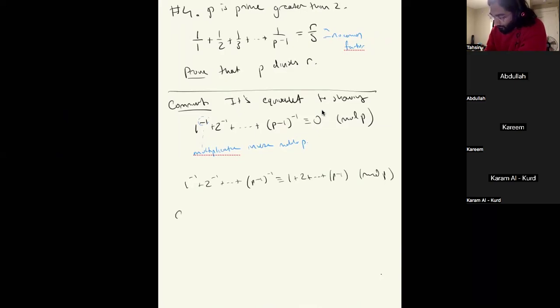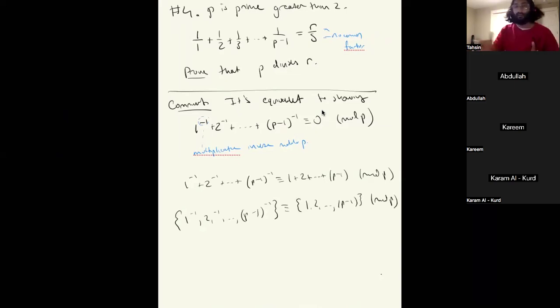Because the set of the inverses of the residues is the same as just the set 1, 2, all the way to P minus 1, in some alternate order.